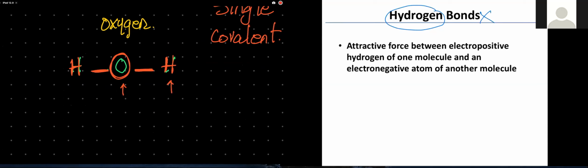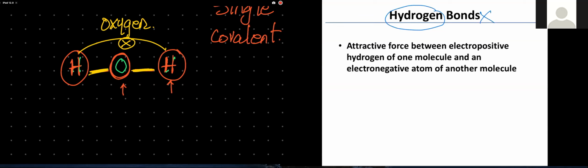In order for me to say a double covalent bond, I need to be sharing two pairs of electrons between two atoms. Is there any relationship between this hydrogen and this hydrogen? Are those connected by any means? No. So you cannot say it's a double covalent bond. We can say two single covalent bonds in here.